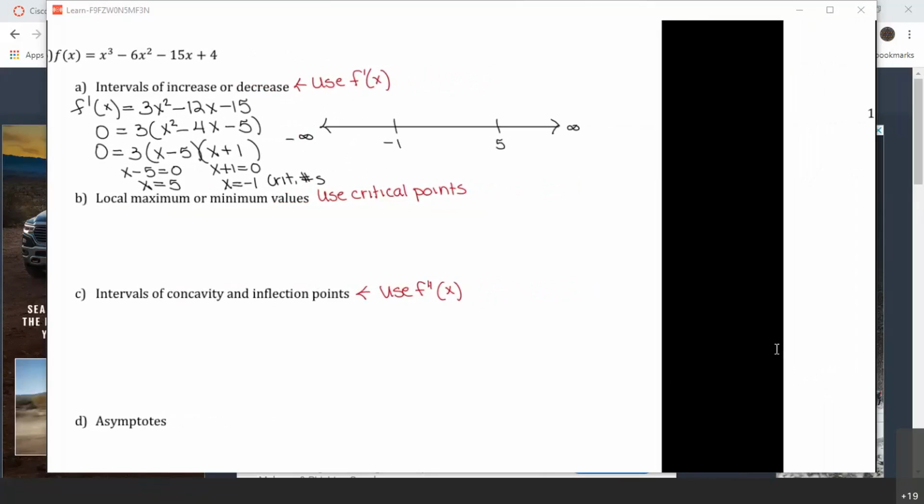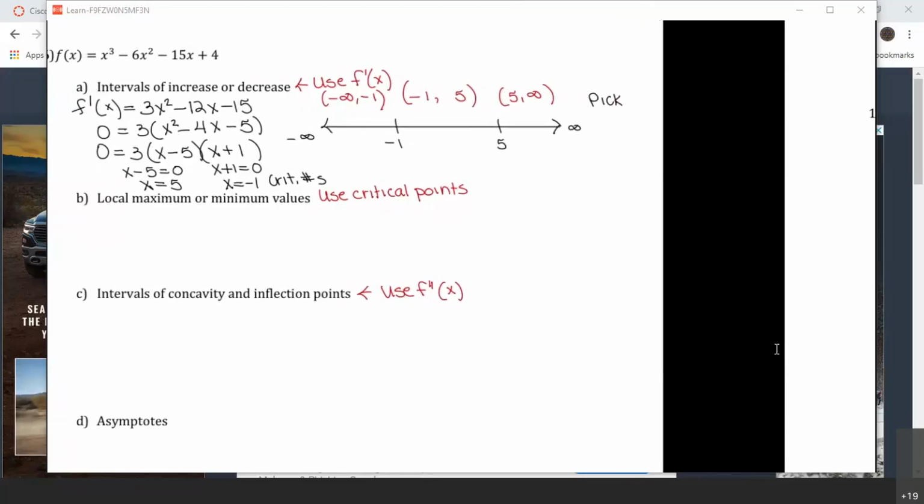Here's the first interval, -infinity to -1, not including, -1 to 5, and 5 to positive infinity. Those are my 3 intervals. And then you pick a test point in each interval. This is up to you. Pick whatever is easy to work with. And then check the sign of the derivative.